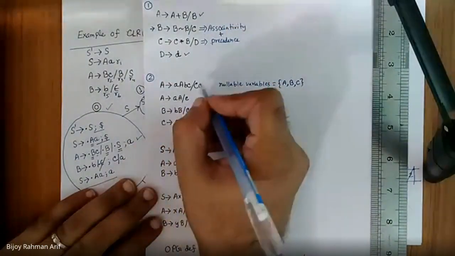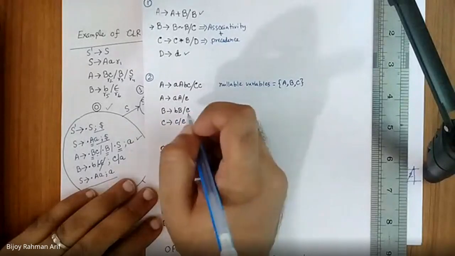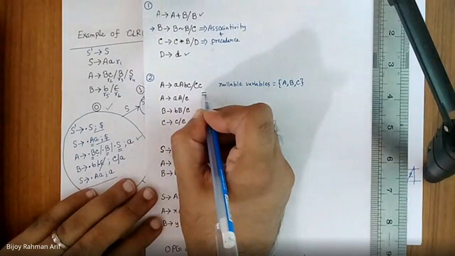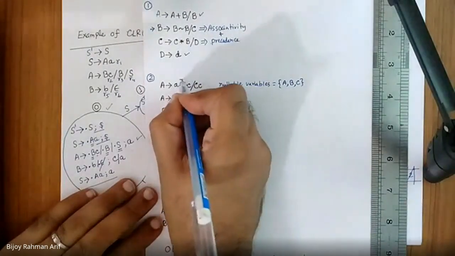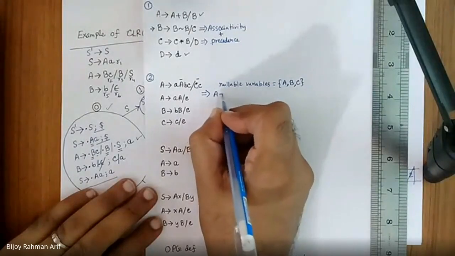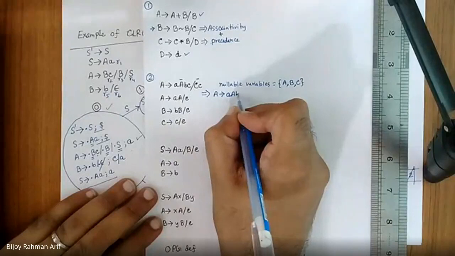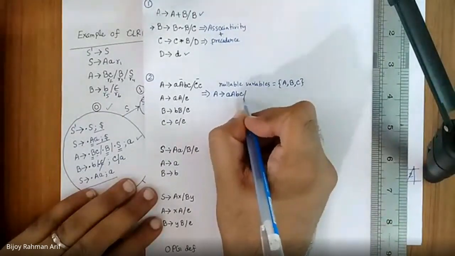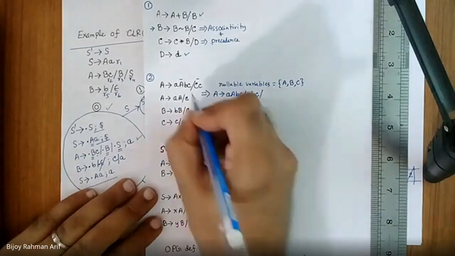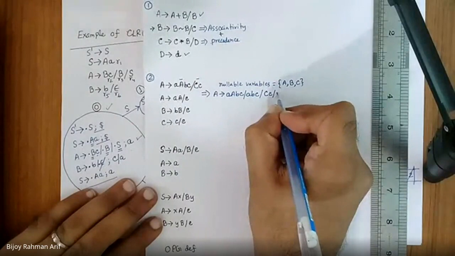Now, how can I transform this first production? We have to write it without the variable and with the variable. A and C both are nullable variables. So we have to write A derives ABC, and ABC, then here also C, or small c.